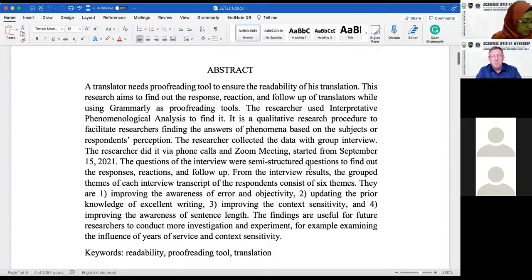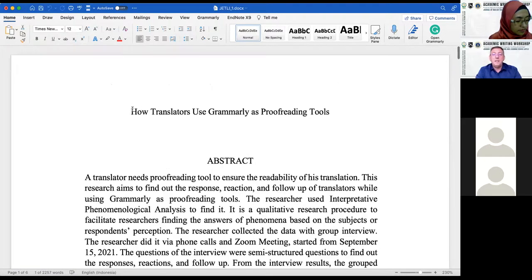Now, the title right now catches my attention: "How translators use Grammarly as proofing tools." Well, the subject-verb agreement is off a little bit, okay? Now, Grammarly is one tool.